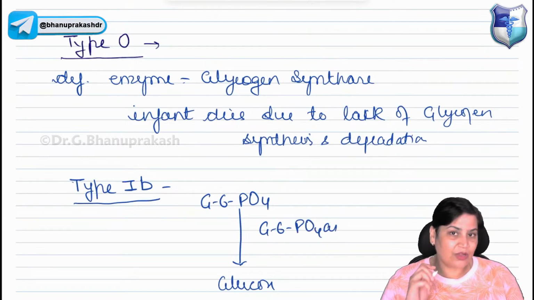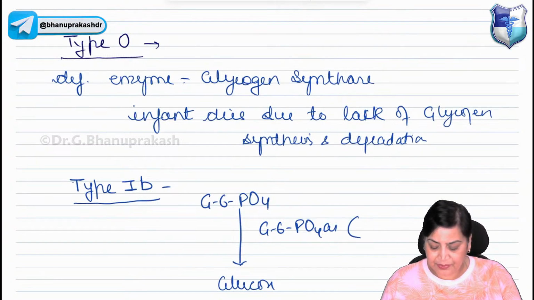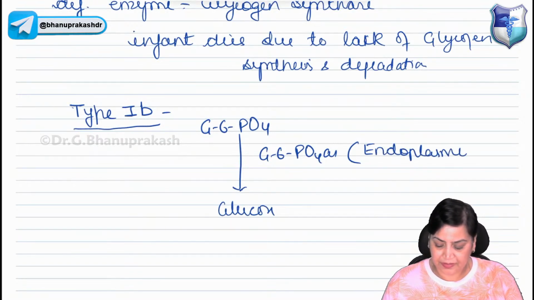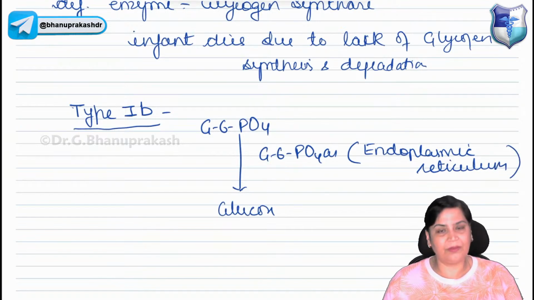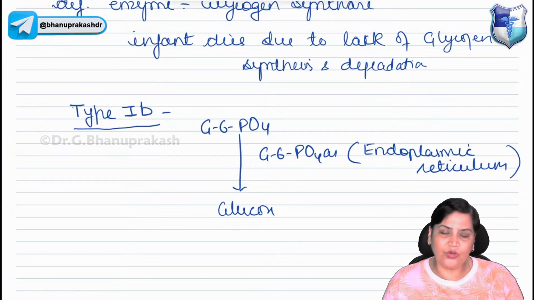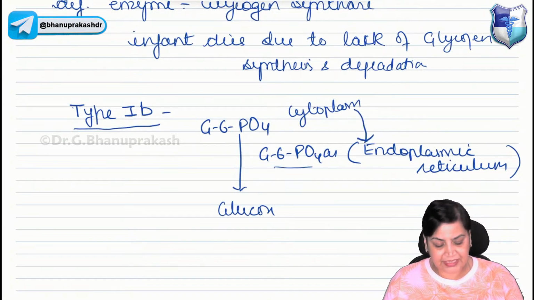Glycogenolysis is taking place in the cytosol. This enzyme is present in the endoplasmic reticulum. Okay, so what happens is this glucose 6 phosphate will be transported from the cytoplasm to the endoplasmic reticulum, where this enzyme is there.